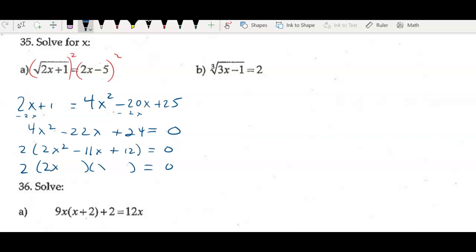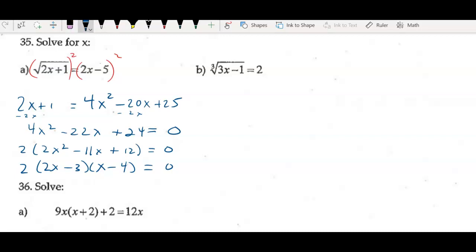I'm just going to work it out quickly. It looks like if I multiply the 2 times a 4, that's going to give me 8, and then the 3. So, yeah, I think that works. Watch. Negative 3x. Yep, that gets me my negative 11x. I'm good. That's my quick guess and check method.